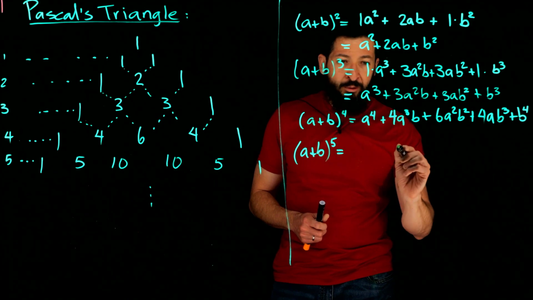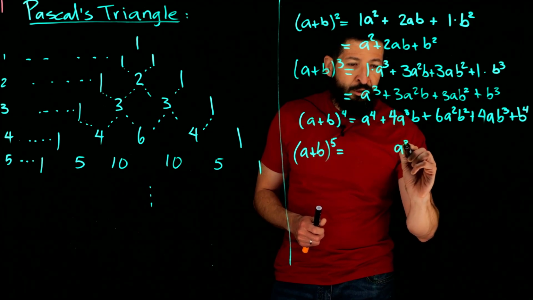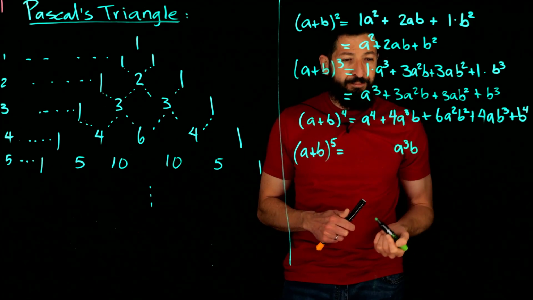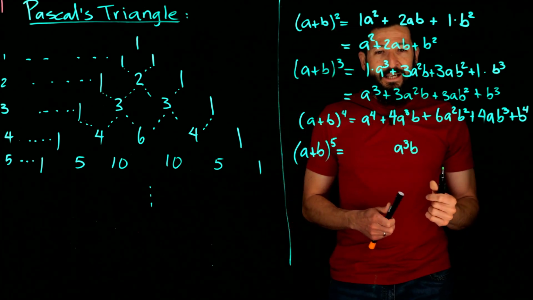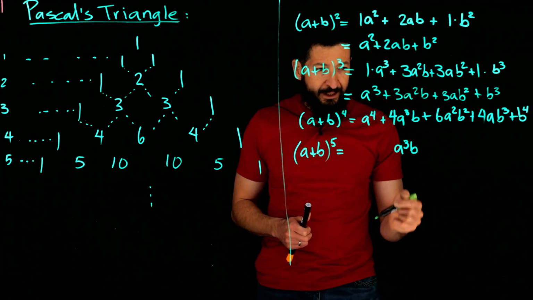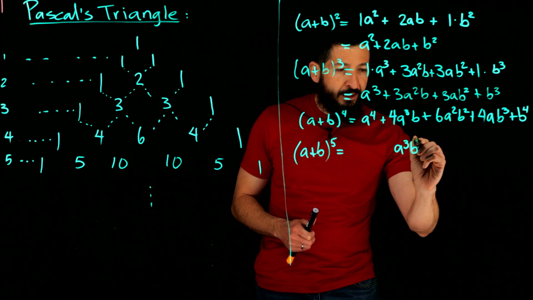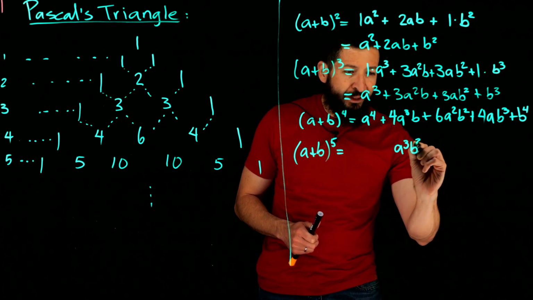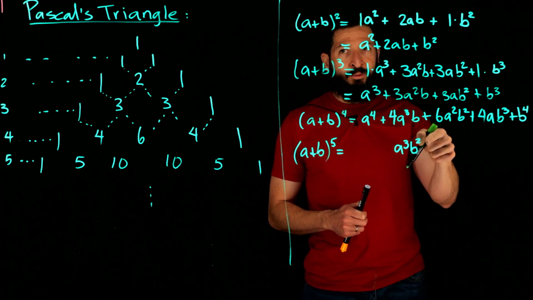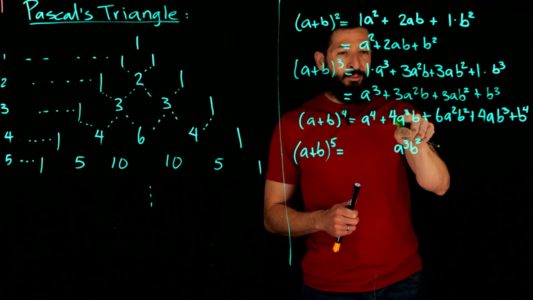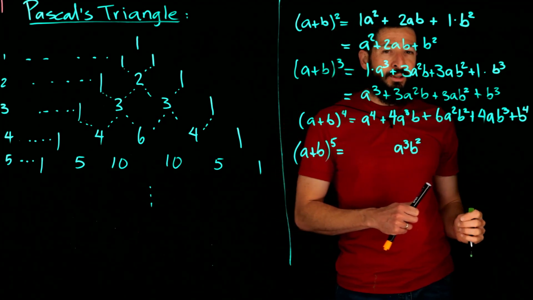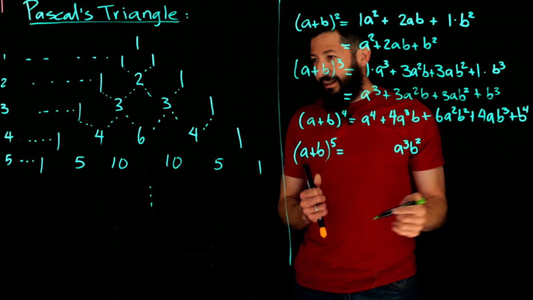Let's do, say, a cubed b squared. How can you get a cubed b squared? The exponents all have to add up to 5, right? You see everything adds up to 4 in the exponents in the line above, because you're computing a quartic there.